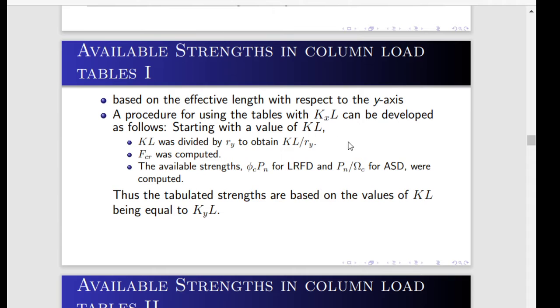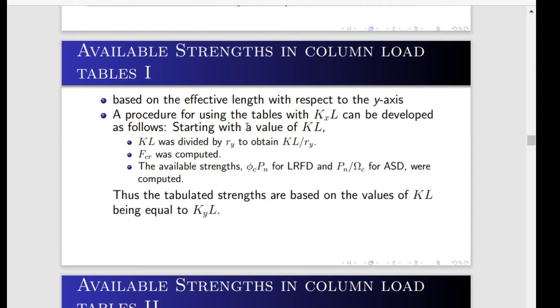Starting with the value of KL, KL was divided by ry to obtain KL over ry. The usual way to solve the slenderness ratio is KL over ry, where ry is the minimum radius of gyration.